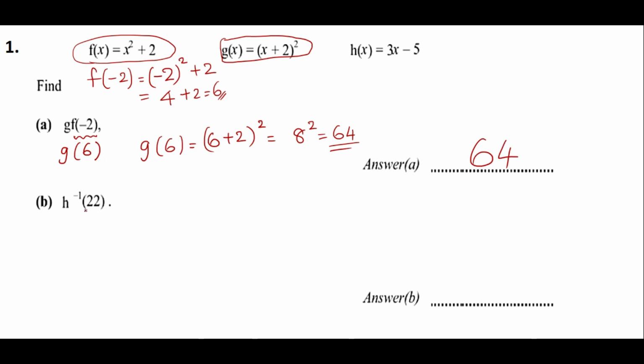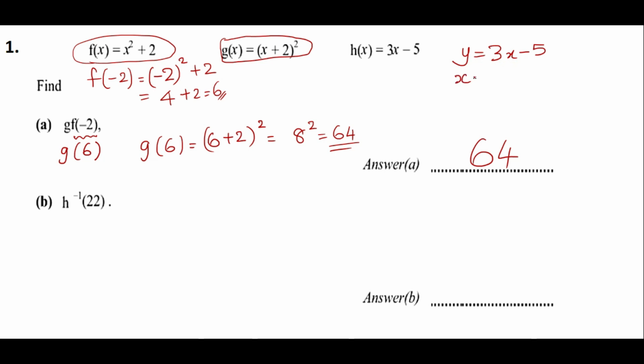1b, h inverse of 22. From the question you don't have h inverse, all that you have is h of x. So first you have to find the inverse function. Following the previous steps, I will start with writing y equals 3x minus 5. This is my step 1.